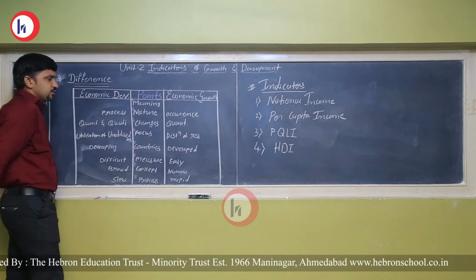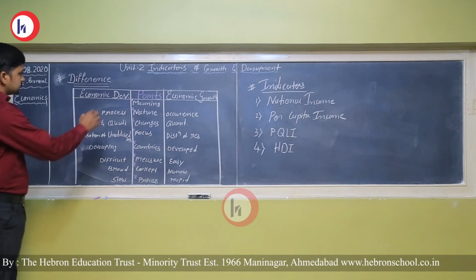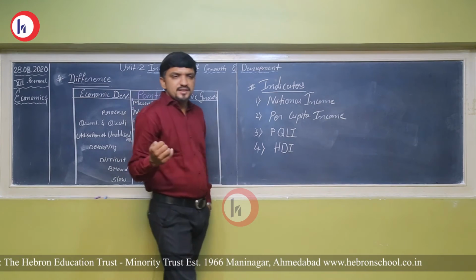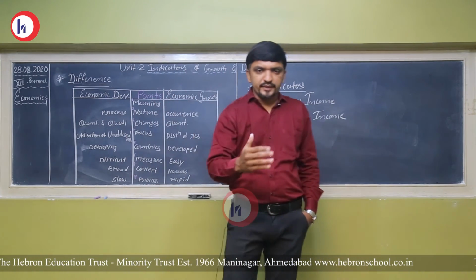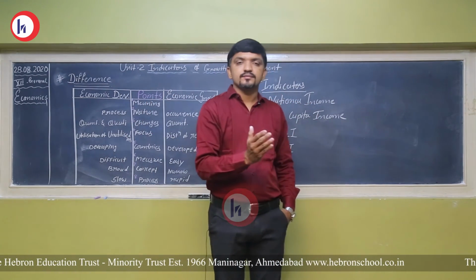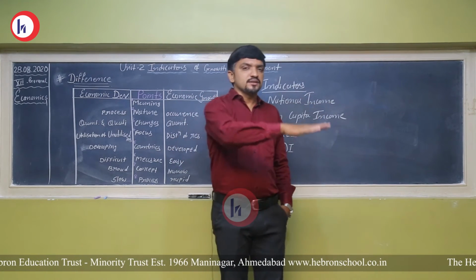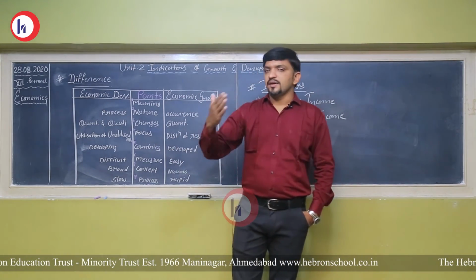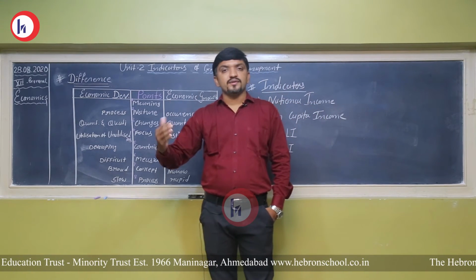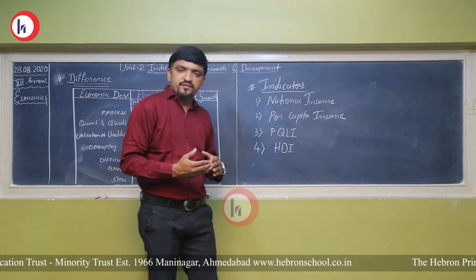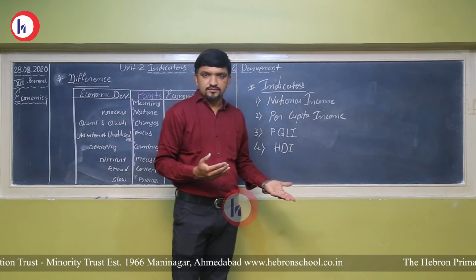Number 2 is nature. Actually, economic development is a process, that is, it takes time. And economic growth is an occurrence. After attaining the process of economic development, economic growth can be defined as occurrence.